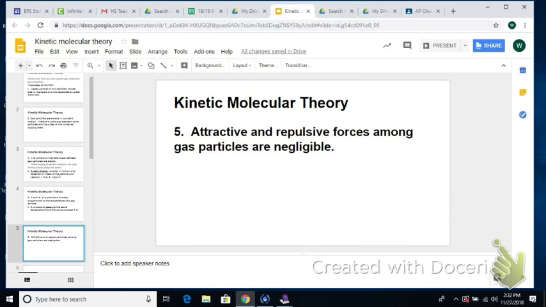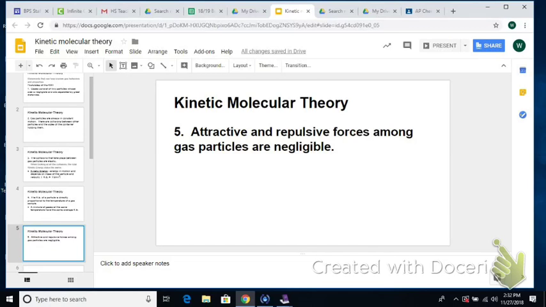Molecules, if it's ideal, are not going to have any attractive or repulsive forces between them. That's saying that when 2 molecules come in close proximity to one another, there'll be no attraction whatsoever between those particles. And there'll be no repulsion, meaning they won't repel one another either. So they're not gonna do anything.